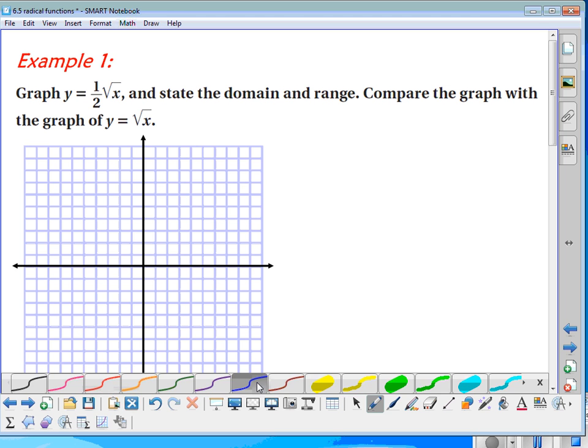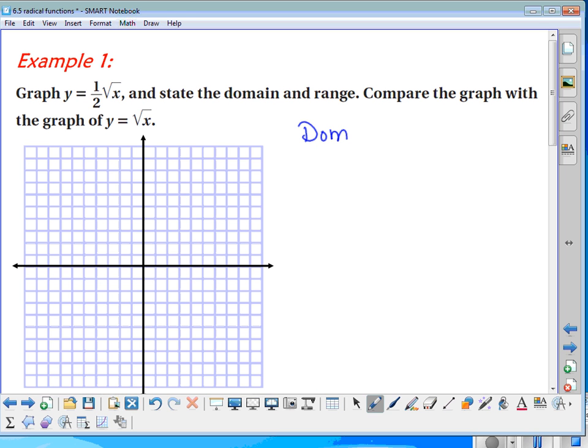No, I can't. So my domain is going to be x is greater than or equal to 0. And it's a positive 1/2, so all my answers are going to be positive. So the range is also greater than or equal to 0. So y is greater than or equal to 0.